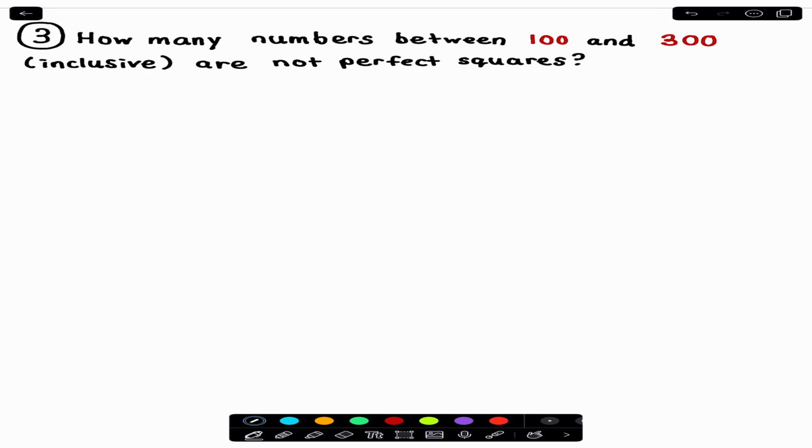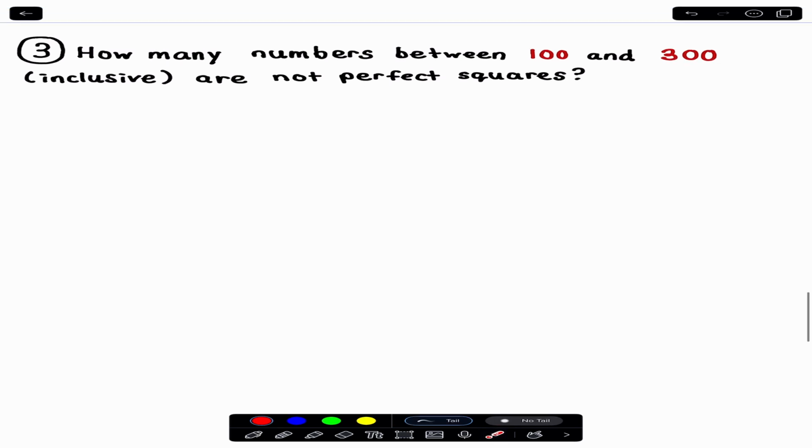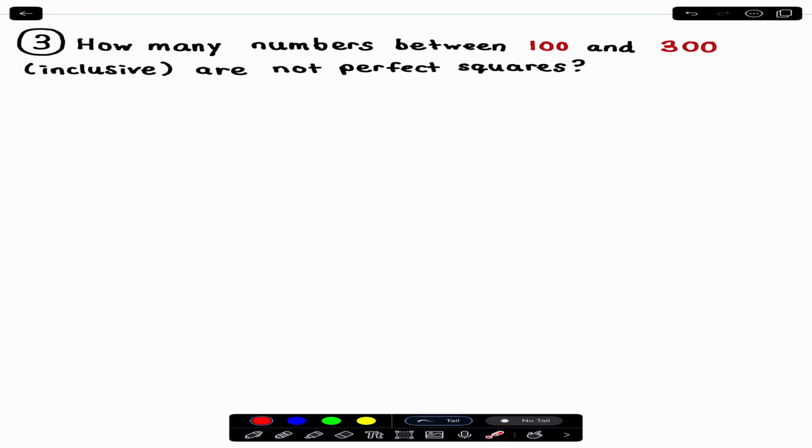You see that gap is getting pretty big. So all other numbers are not perfect squares. And there's a lot more of them. So the fact that there are a lot fewer perfect squares makes this the perfect candidate for complementary counting. And we're going to change the question by asking instead, how many numbers between 100 and 300 inclusive are perfect squares?